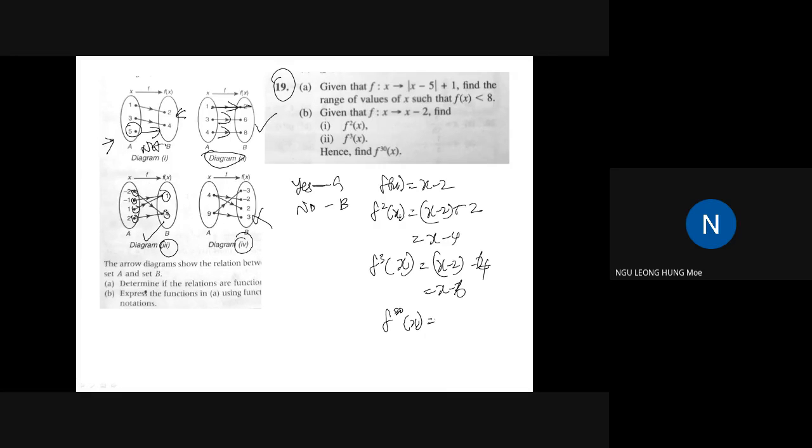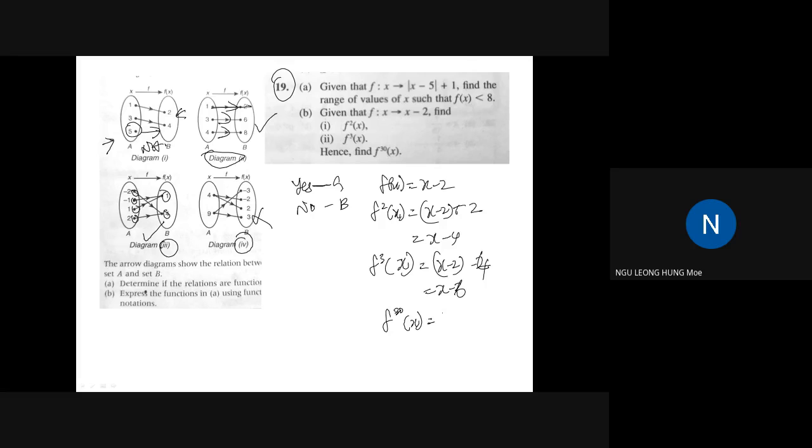If f(x) equal to x minus 2, okay, f squared is x minus 4, f cubed, power of 3, how about if power of 30?